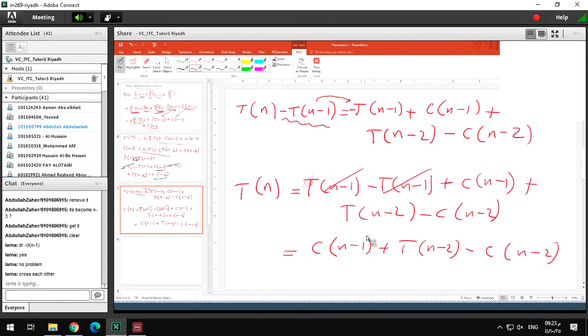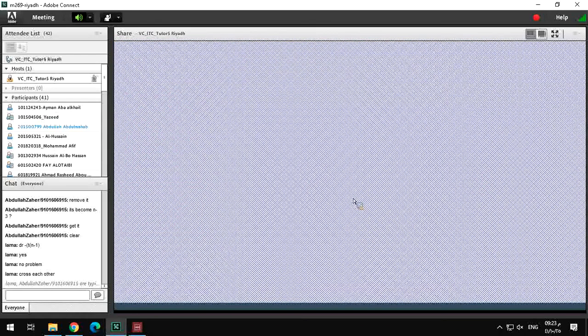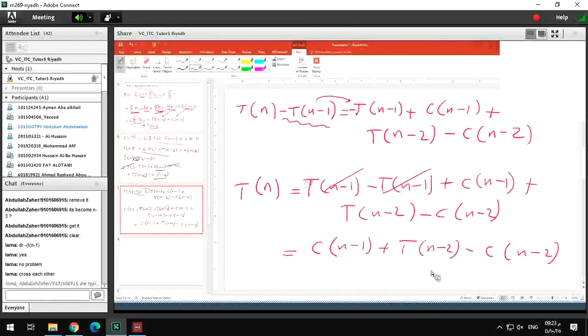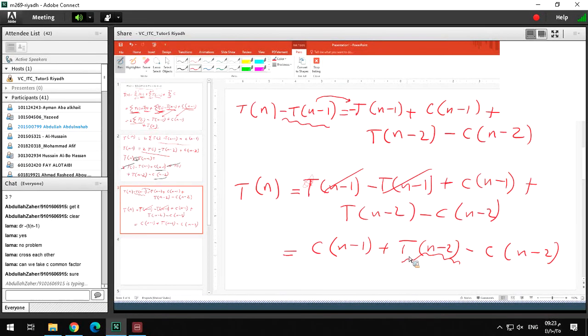Now, if you look at this example here, we reach two parts of the question. Yes, Abdullah, you are correct. Now we have Tn minus 2, which is a function, and we have the C, which is a constant.